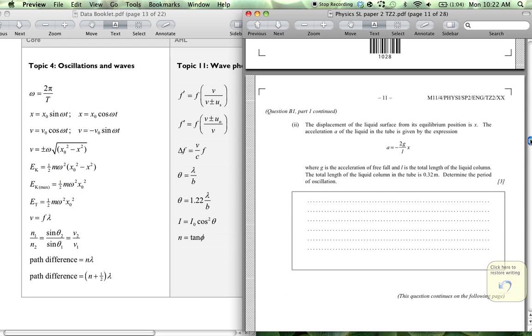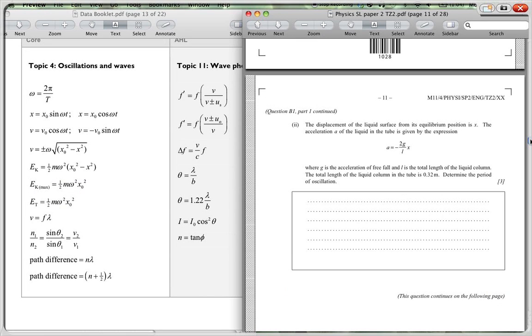Now we get here the displacement of the liquid from its equilibrium position is x. The acceleration a of the liquid in the tube is given by this expression. So we get a is equal to minus 2g over L x, and we are told where g is the acceleration of free fall, that's 9.81, and L is the total length, which is 0.32 meters.